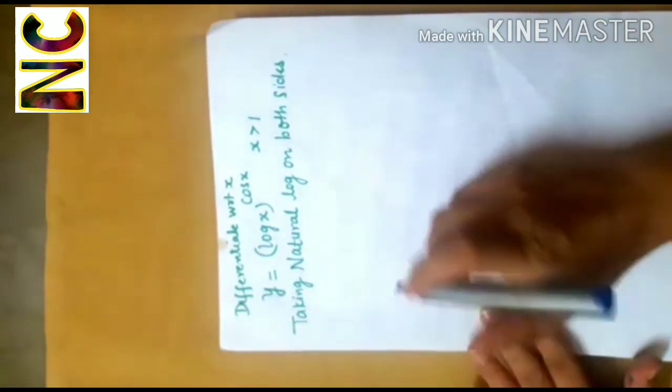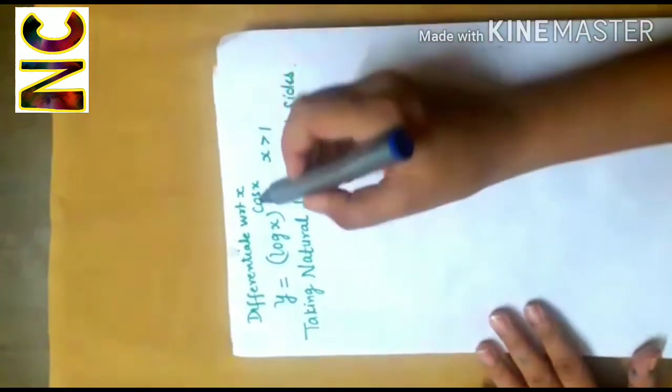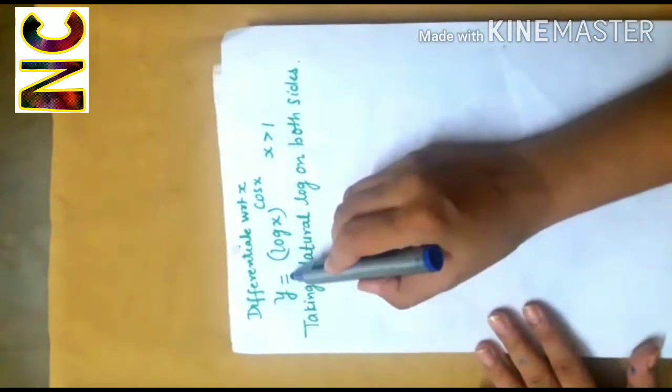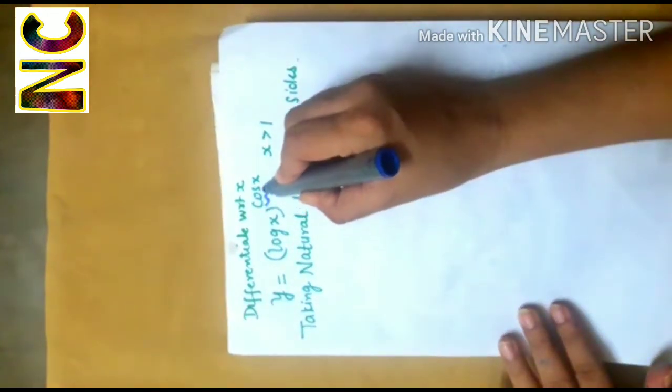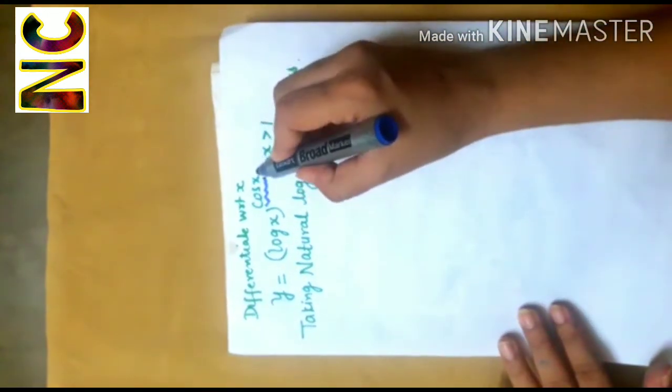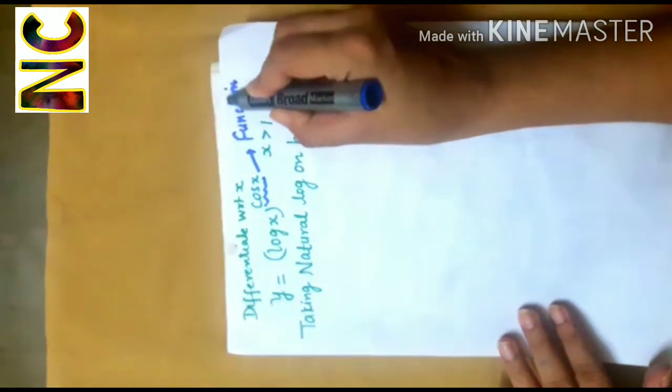Let's take another question. Differentiate with respect to x. Yes, y is equal to log x raised to the power cos x. So look here. Here the exponent is a function. So we will use logarithmic differentiation.